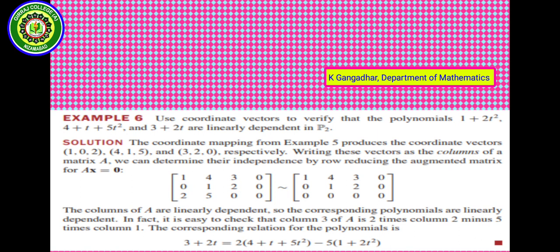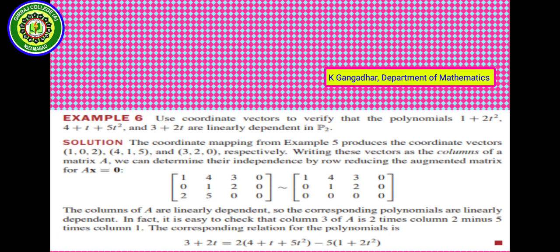Here we get two pivot columns: the first column and the second column. So the third column is a linear combination of the first and second, which means the given vectors are linearly dependent. If in the given vectors one vector is a linear combination of the remaining, then we say the given vectors are linearly dependent. If no vector can be written as a linear combination of the remaining, then they are linearly independent.